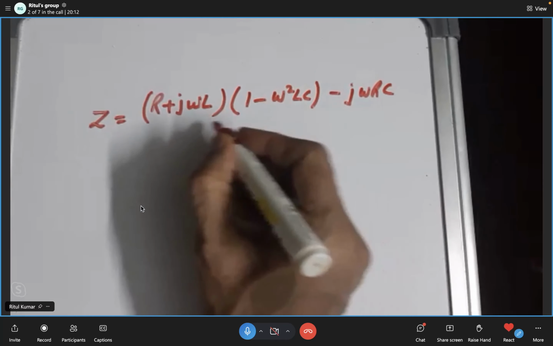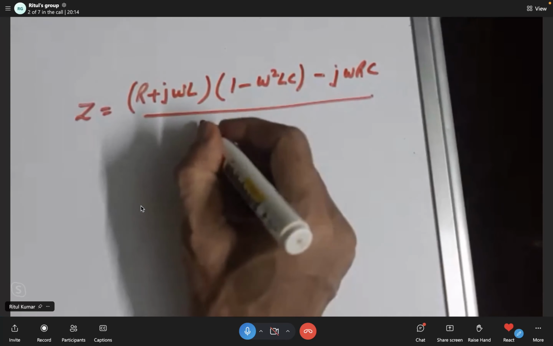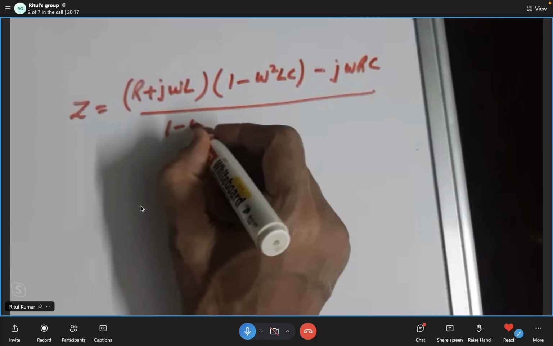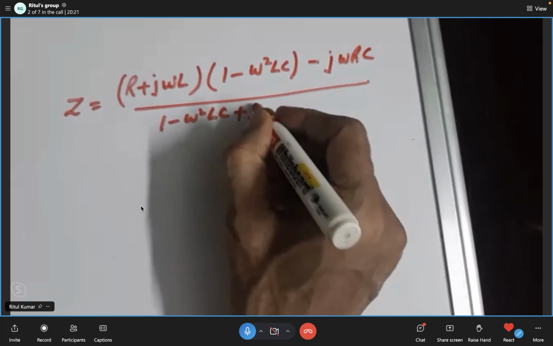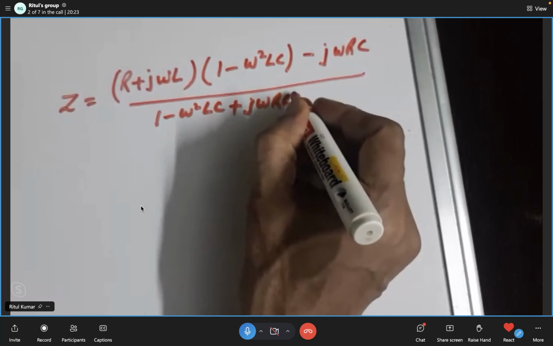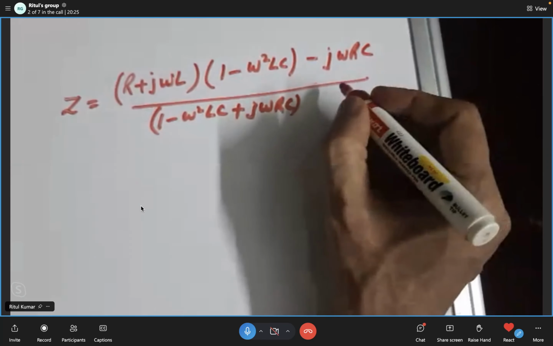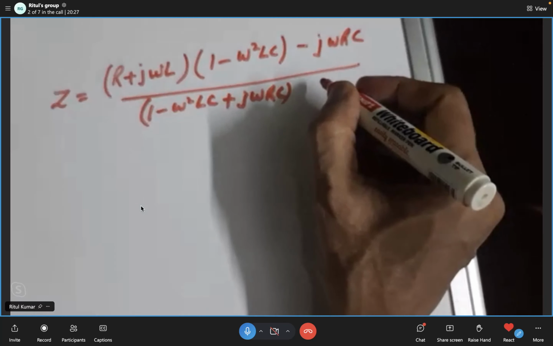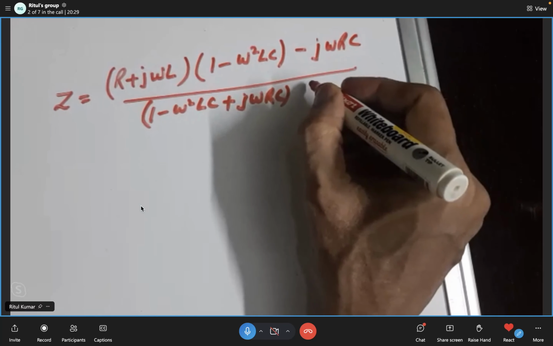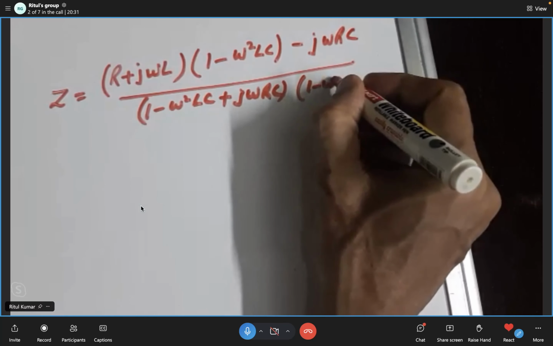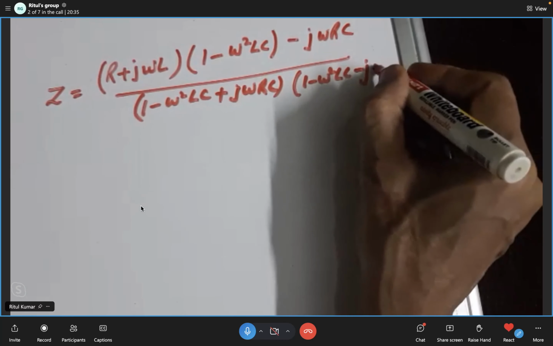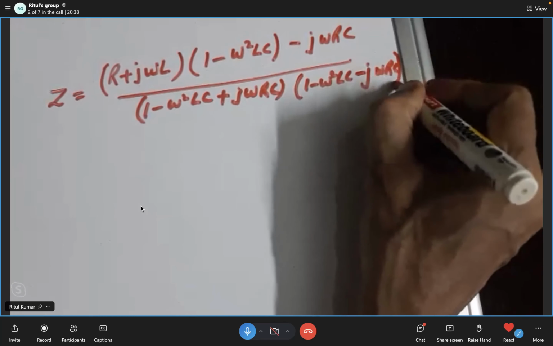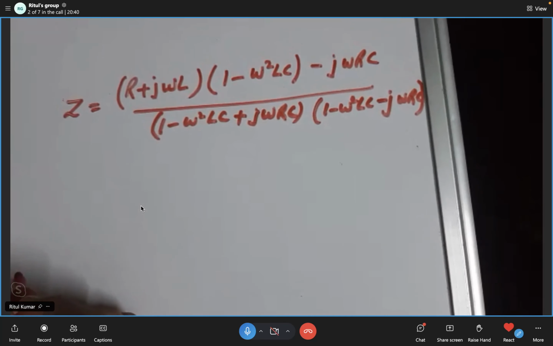And then it will be divided by the same factor, 1 minus omega squared LC plus J omega RC. And this should be multiplied with the negative factor of it, so 1 minus omega squared LC minus J omega RC. Nothing much, it's mechanical now.